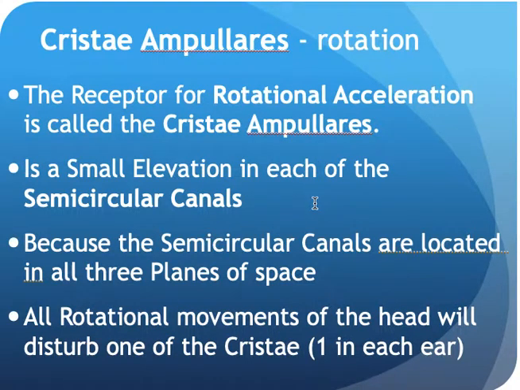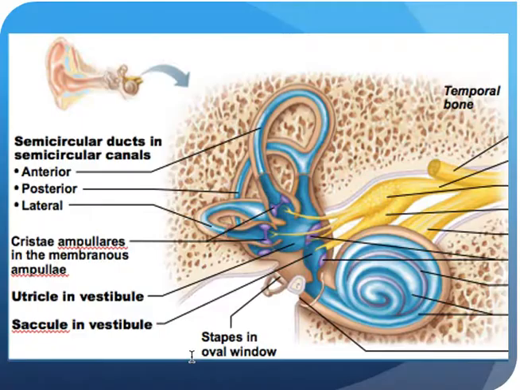It's a small elevation in each of my semicircular canals. Because the semicircular canals are located in all three planes of space, and we have one in each ear, all rotational movements of the head are going to disturb at least one of these cristae. Okay, so again: macula, linear acceleration in the vestibule; cristae ampullaris, semicircular canals, head rotation.